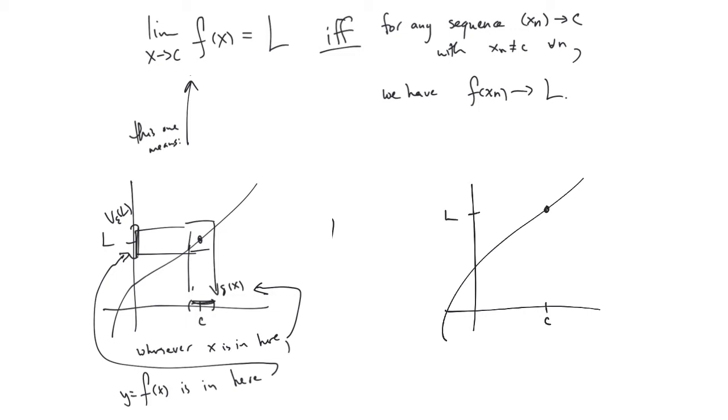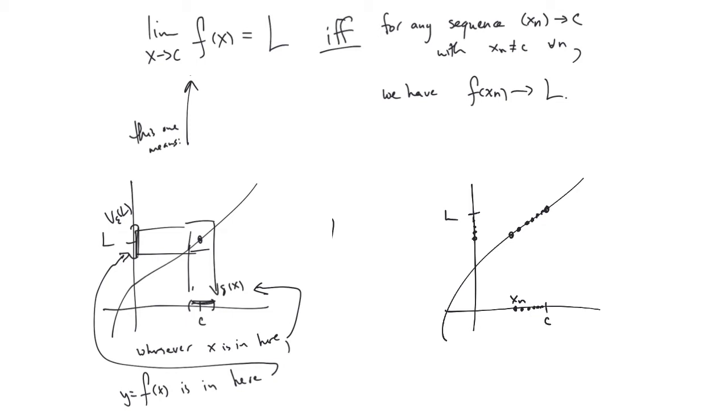If I were to draw the picture in terms of sequences, it says if I have a sequence xn approaching C, so that would be a sequence like this, which converges to C, then when I look at the sequence of y values, that is, I check out all of these y values along the curve, and then just look at them as if they were y values, they approach the L, all right?